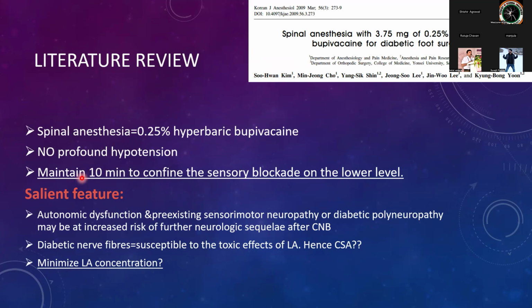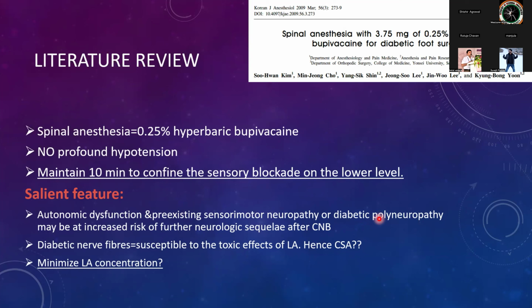After giving spinal anesthesia, patients were maintained in sitting position for 10 minutes to confine the sensory blockade to the lower level. The salient feature in this article was that all long-standing diabetic patients have underlying autonomic dysfunction and sensory motor neuropathy, which increased the risk of further neurological sequelae after central neuraxial blockade.